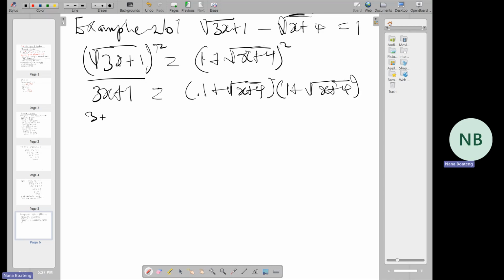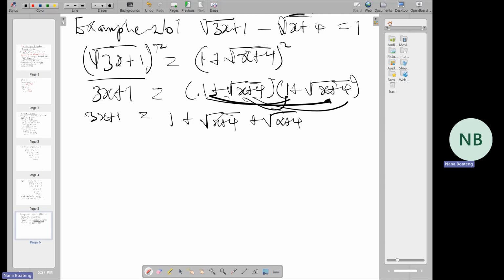All right, so 3x plus 1 is equal to 1 times 1, which is 1, plus 1 times the square root of x plus 4, plus the square root of x plus 4 times 1, and the square root of x plus 4 times the square root of x plus 4 gives us x plus 4.